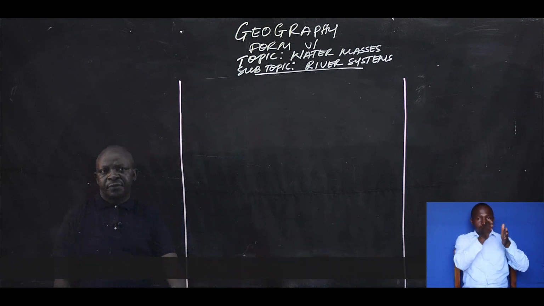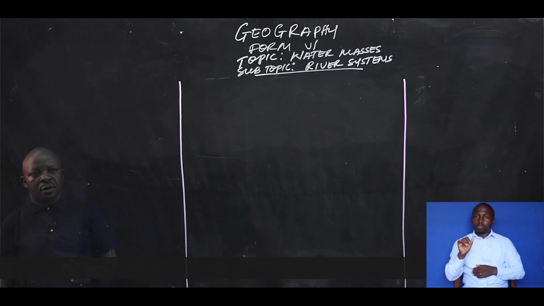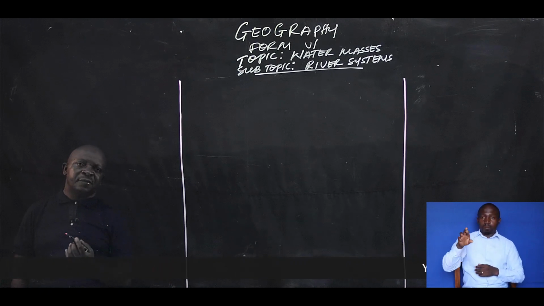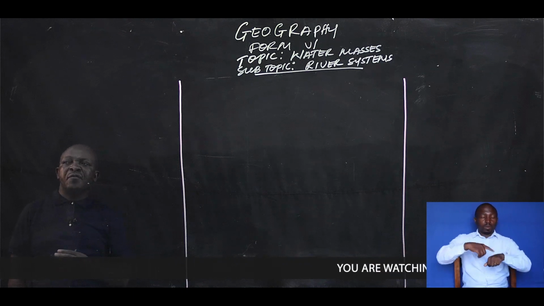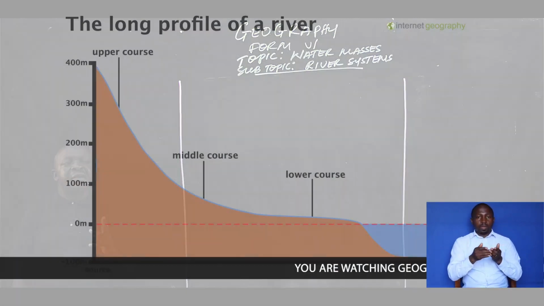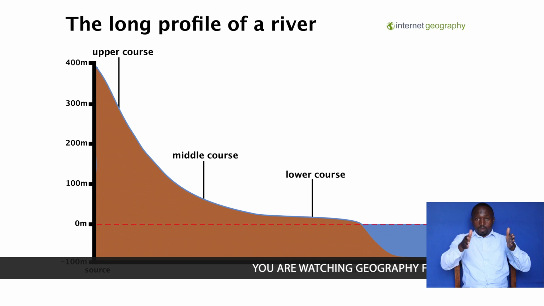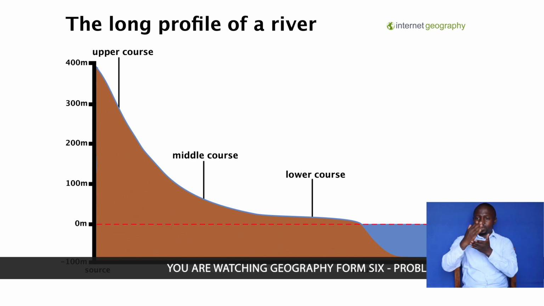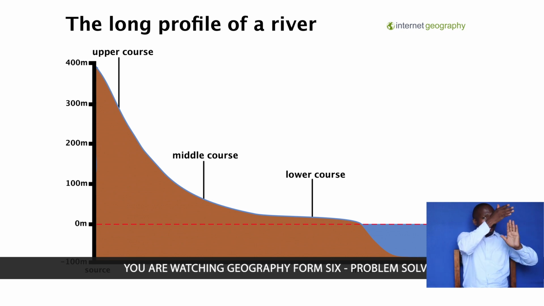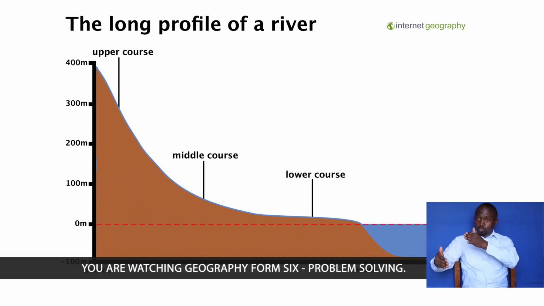Class, let us be together with this. When we talk of river profile, we mean the entire section of the river from where it starts to where it ends. Here, the river starts.